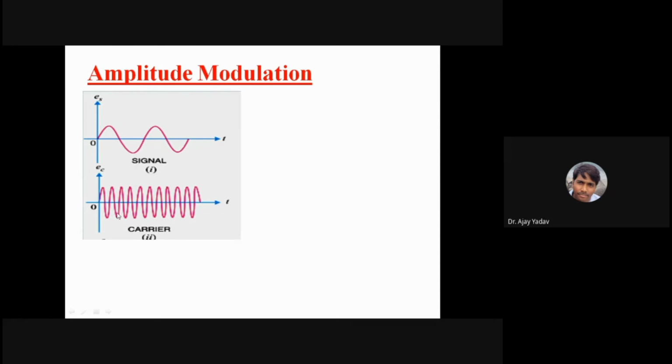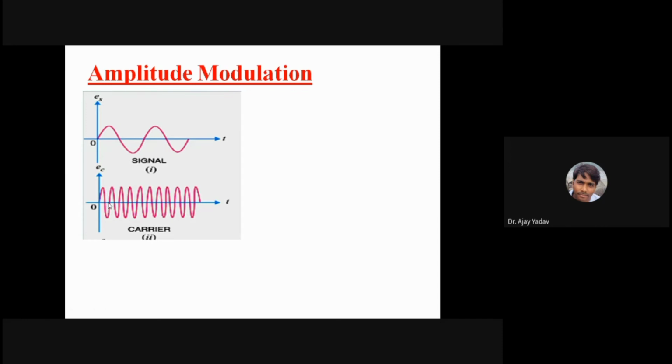So you have so many waves compared to diagram number one here. This is well spread, and this is very compact, very compressed. Compressed means the time period from this start point to this end point is very small. So time period is very small means frequency is very high.